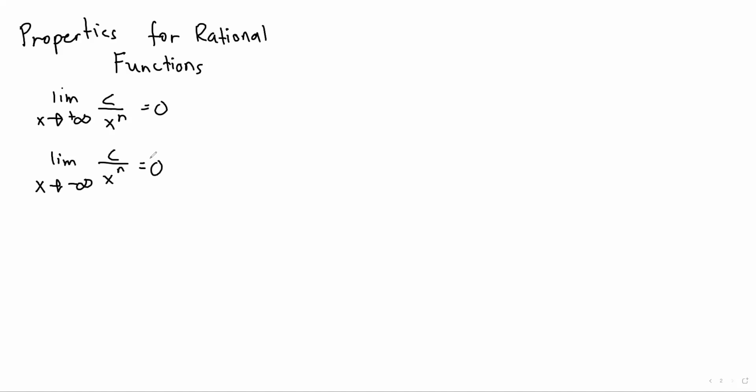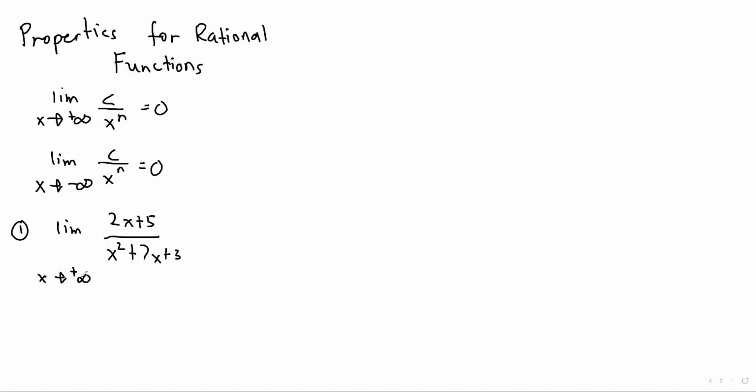First, let's have this one. For our first example, to better discuss these properties, I will give an example. Let's say we have the limit of 2x plus 5 over x squared plus 7x plus 3 as x approaches positive infinity.